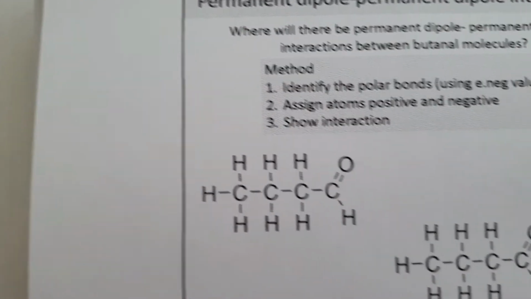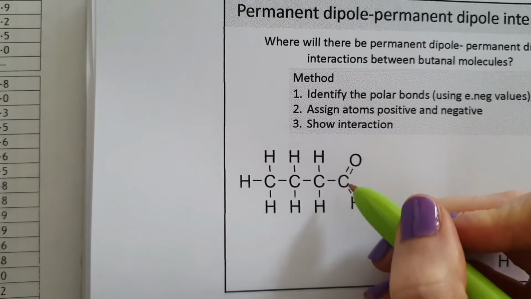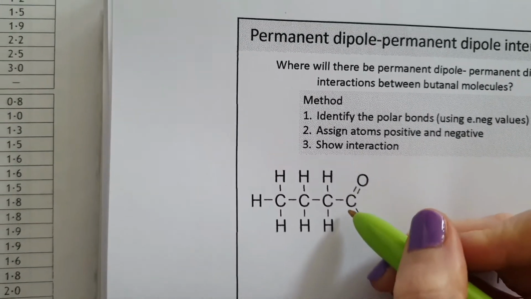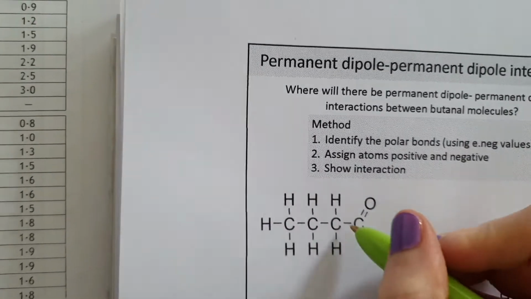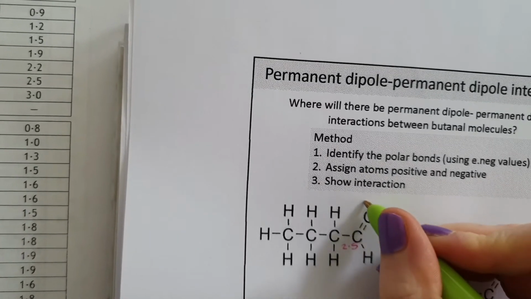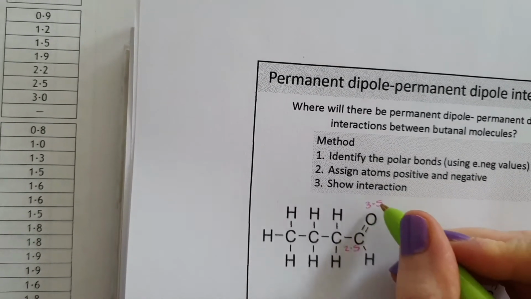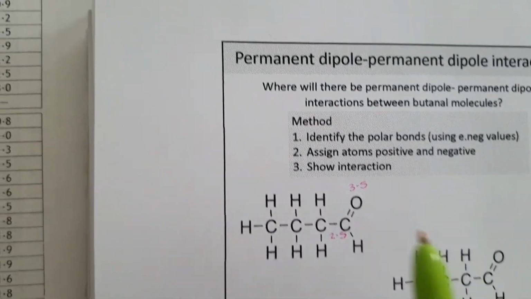So what I like to do is go to my diagram, find the polar bond, which is the C to the O, and just write in those numbers next to it. So carbon, we're putting in a wee 2.5, and oxygen a 3.5. It can be helpful to use different colours here, just so that you can see what's going on.